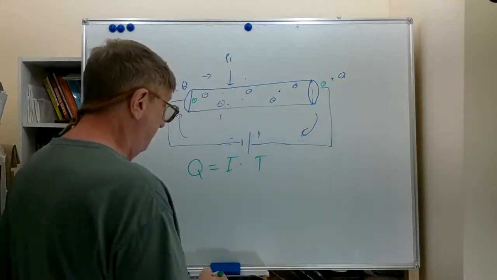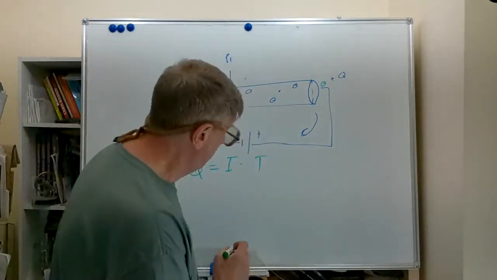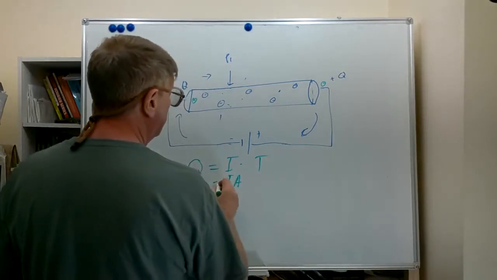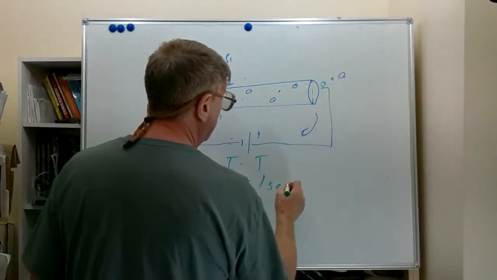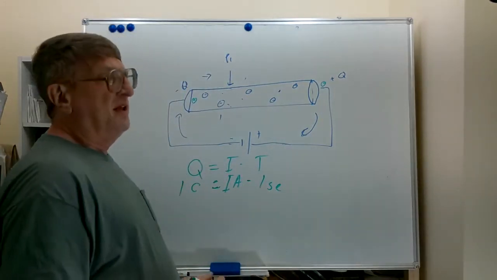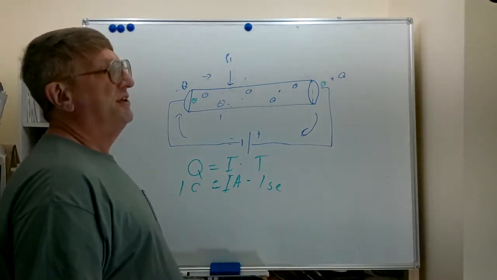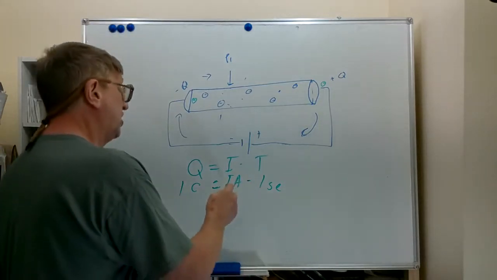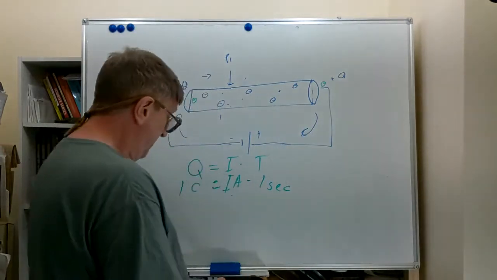So if we have 1 amp of current, and that current flows for 1 second, we will have 1 coulomb of charge moved. So charge, the quantity of charge that is transferred from one point to another, is the amperage times the time in seconds.